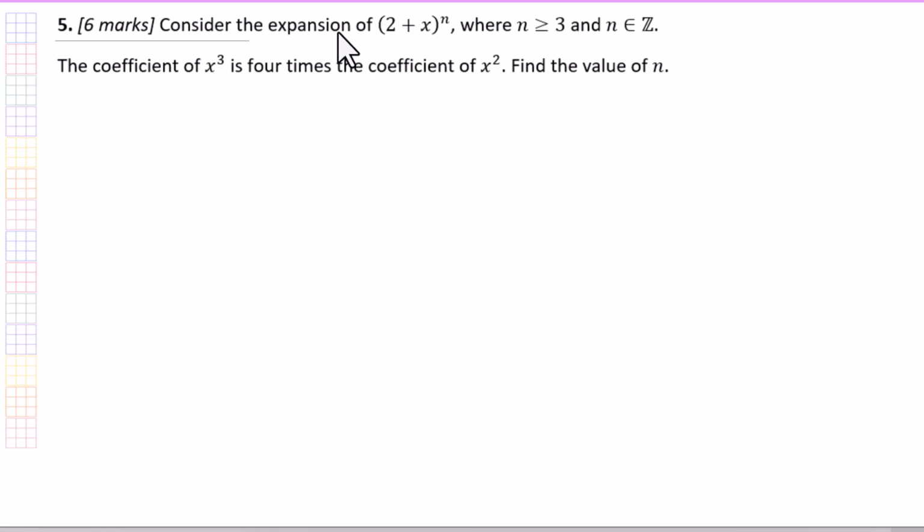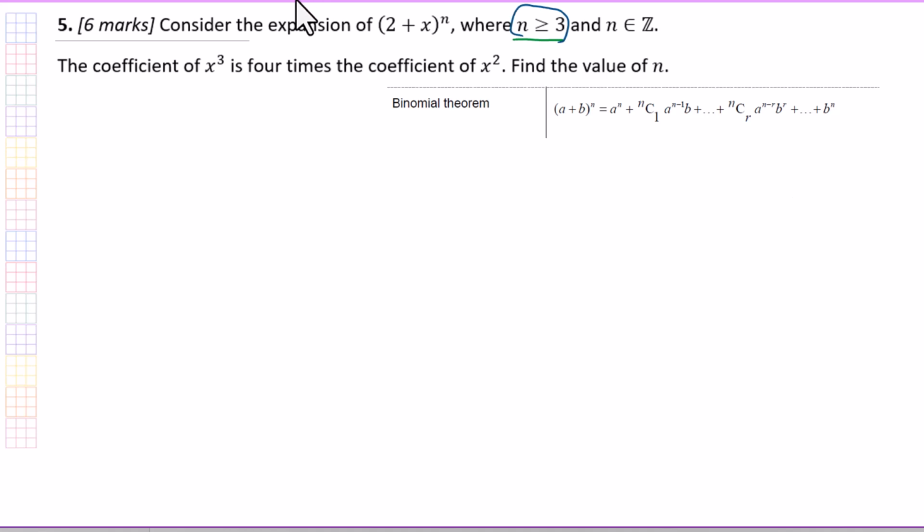Consider the expansion (2 plus x) to the nth power, where n is greater than or equal to 3, n is an integer. The coefficient of x to the third power is 4 times the coefficient of x squared. Find the value of n. We will use this formula because n is a positive integer. (2 plus x) to the nth power.